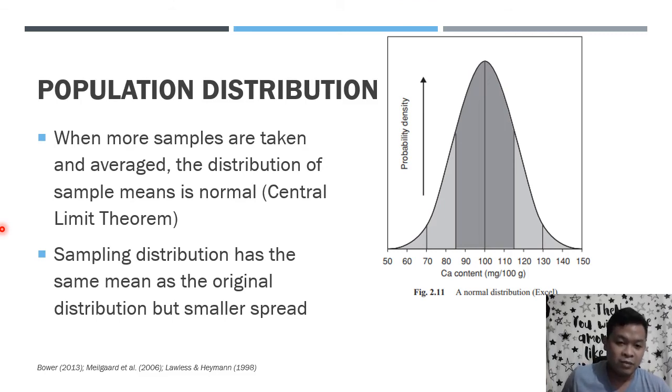And the sampling distribution should have the same mean as the original distribution, but a somewhat smaller spread. So you should at least have a large enough sample such that their means are on the same area. However, they are not quite as spread as this one, perhaps.